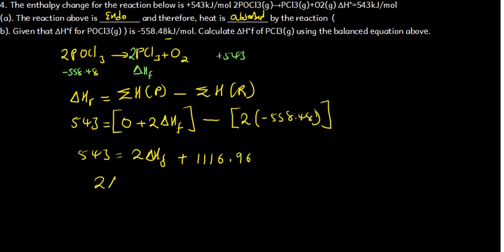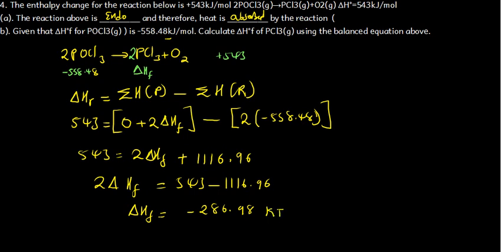So that will give me 2 times the enthalpy of formation being equal to 543 minus 1116.96, and then the answer that we get, we're going to divide by 2. So that is giving me negative 286.98. This is going to be in kilojoules per mole, just as all other values are in kilojoules per mole. So then that is going to be the answer for this question.